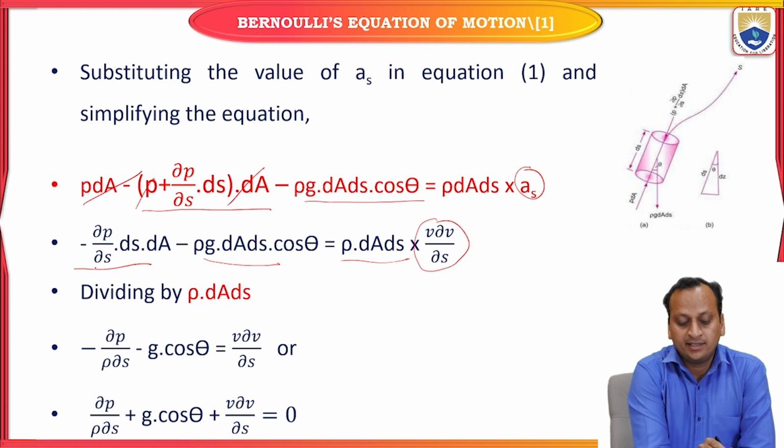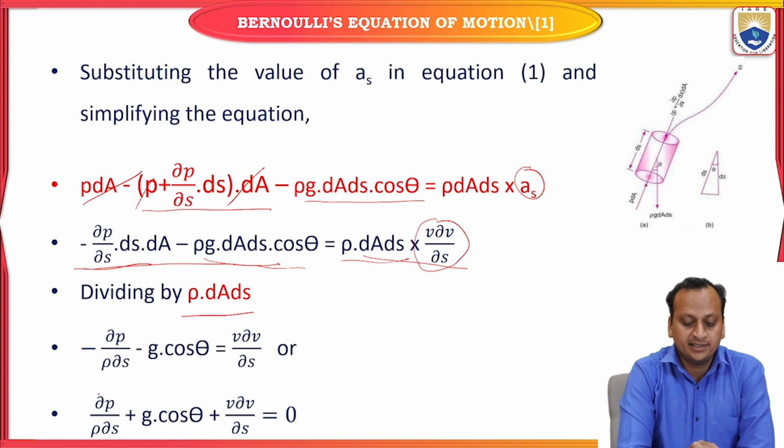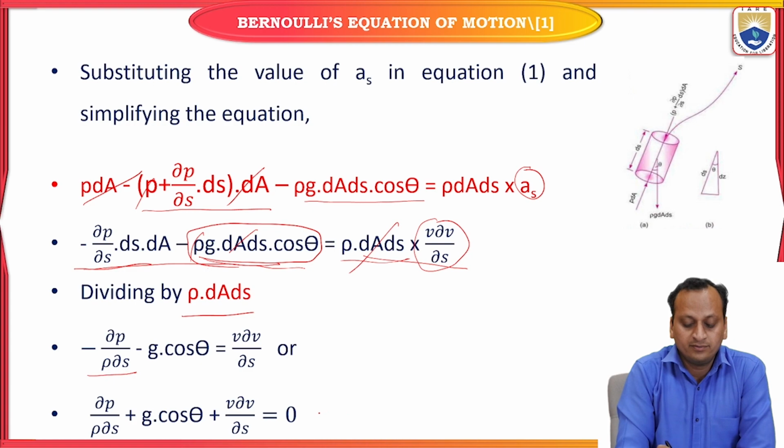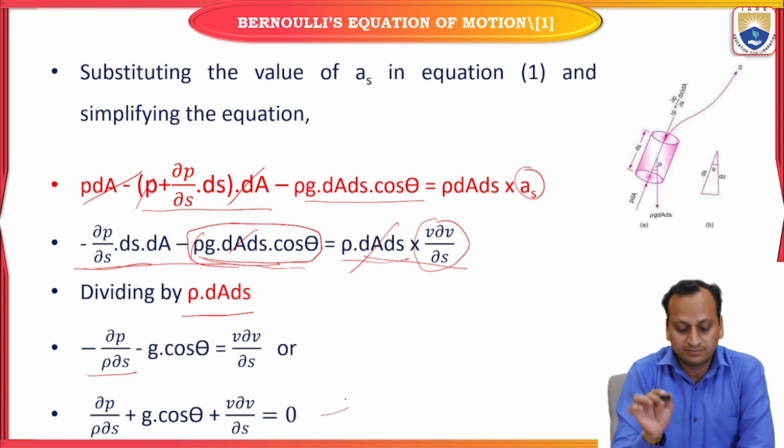Now I'm going to divide the entire equation on either side by rho into dA ds. We get minus ∂p/(rho ∂s) minus g cos theta, as rho dA ds cancels. Similarly, we get v into ∂v/∂s here. So we can rewrite this equation as ∂p/(rho ∂s) plus g cos theta plus v ∂v/∂s equals 0.